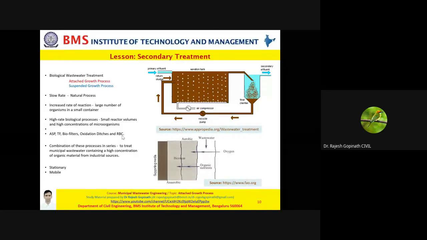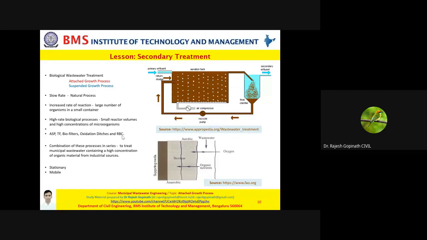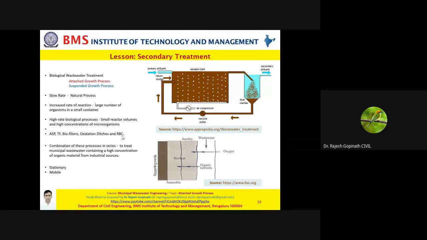So we can also enhance the rate of reaction by creating conditions such as supplying more oxygen, or introducing more microorganisms or a seed. Examples of high rate biological processes would be activated sludge process, trickling filter, biofilter, oxidation ditches, and rotating biological contactor.